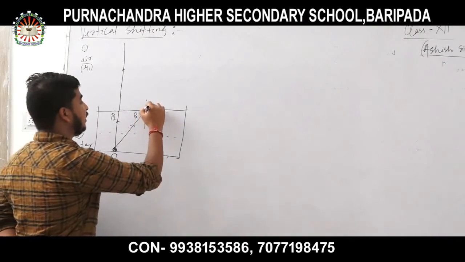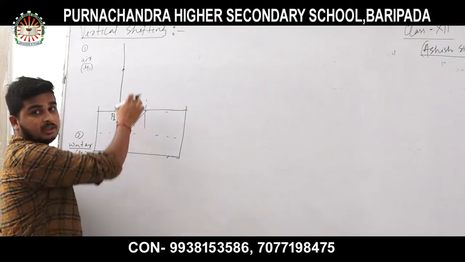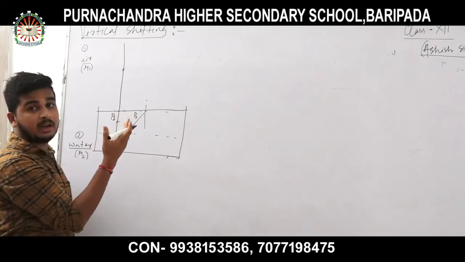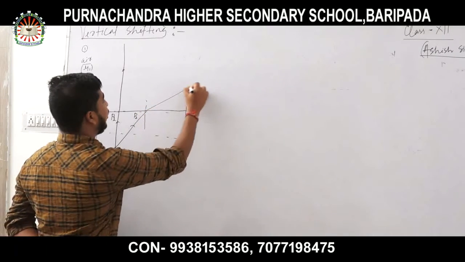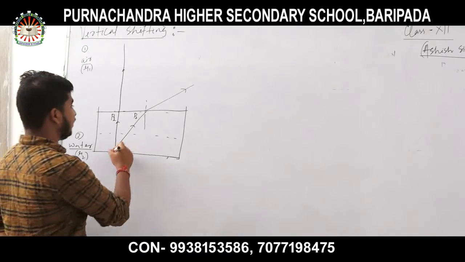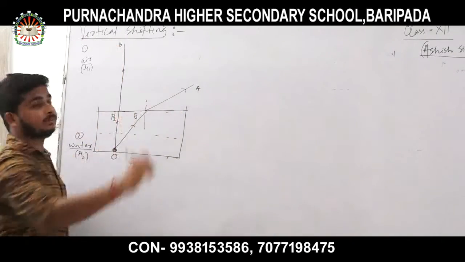The ray of light will bend away from the normal because water is denser than air. So whenever a ray of light goes from a denser to a rarer medium, it will bend away from the normal. It will go away from the normal like this. So its name is O. This is suppose A. This is suppose B.